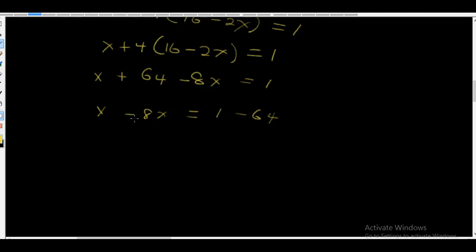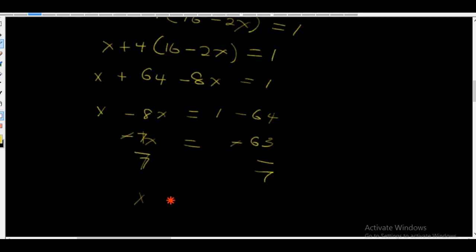So x minus 8x is equal to minus 7x, is equal to 1 minus 64, which is equal to minus 63. So for x, divide both sides by 7. 7 will cancel 7, then the minus sign will cancel the minus sign.